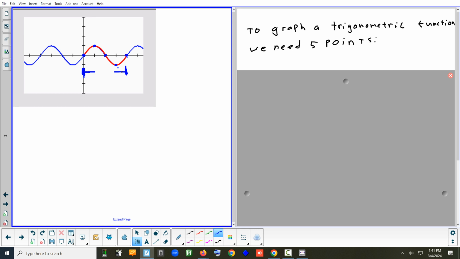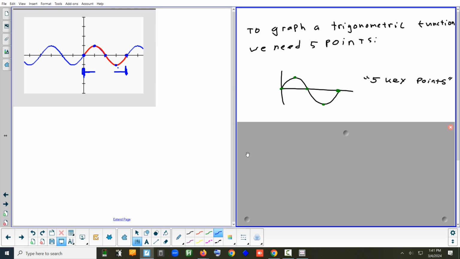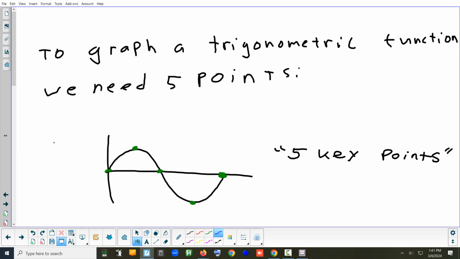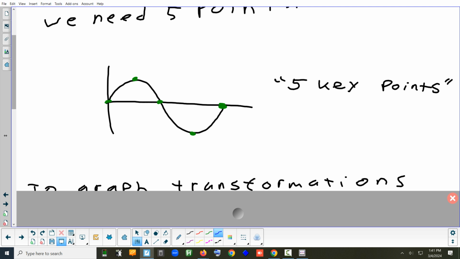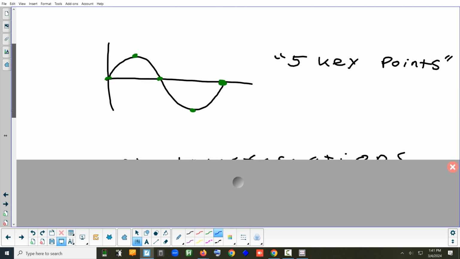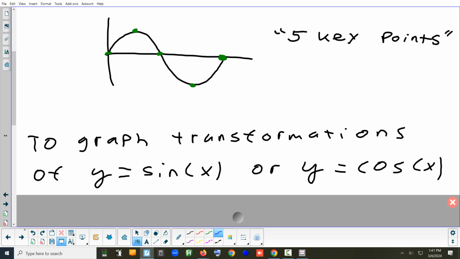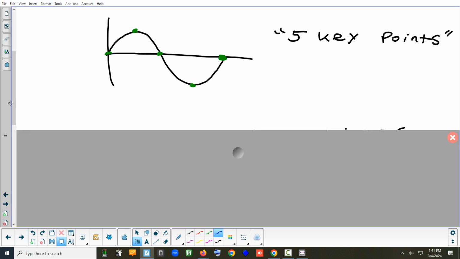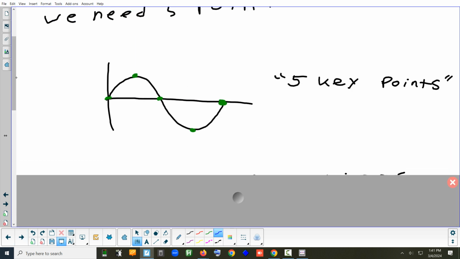You need 5 to get a nice cycle. Okay, and I call those 5 points like the 5 important coordinates, or the 5 key coordinates. Let's actually put some marks on this.